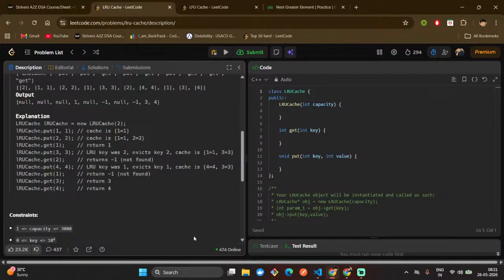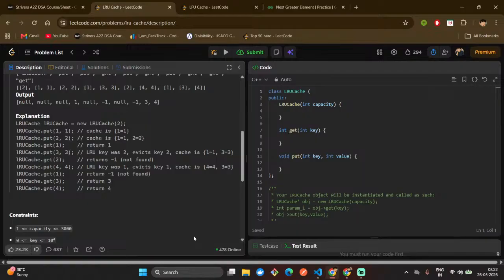Take like one comma one, two comma two. Now get the value of one, so this returns the value of one. So it is used now.